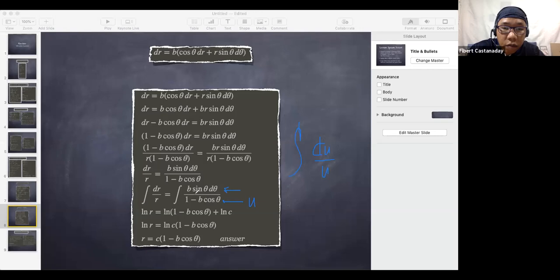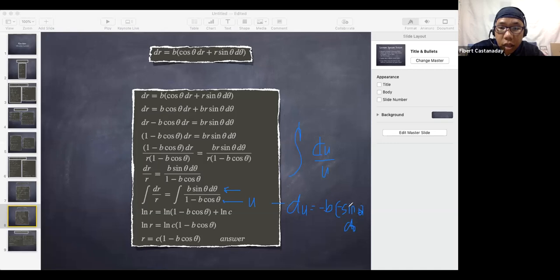Hopefully. So if you differentiate this one, du will be equal to, you just copy the constant minus b, and then differentiate cosine theta, and that is negative sine of theta times d theta.